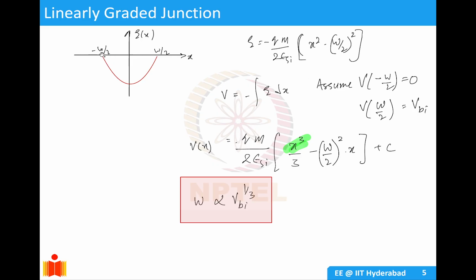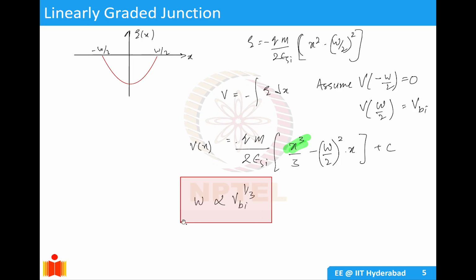We assume that at the start of the depletion region your potential is 0, and at the end of the depletion region your potential is equal to VBI. So we integrate and get q m by 2 epsilon si times x cube by 3 minus W by 2 square x, plus C, and we use the boundary conditions to get V of x.